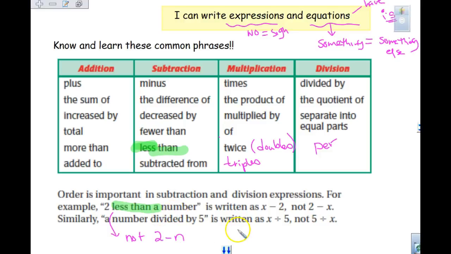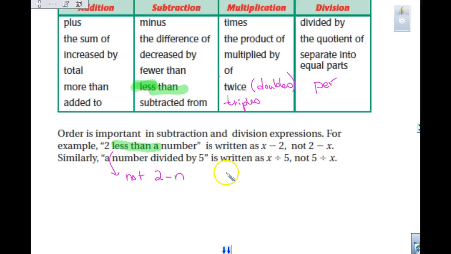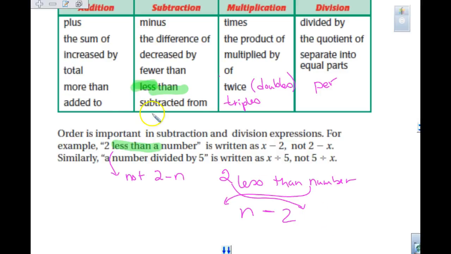Whenever you see that phrase less than, you have to switch the order, meaning you have to switch these 2 around and keep the subtraction. So when we have 2 less than a number, what we really mean is take n and minus 2. Now, someone said, well, do we have to do that with more than?